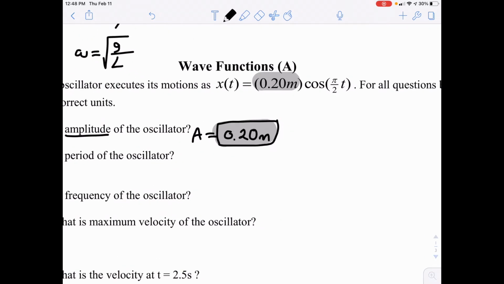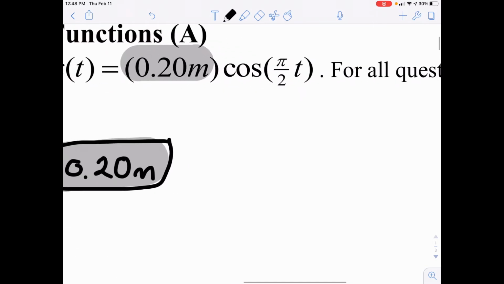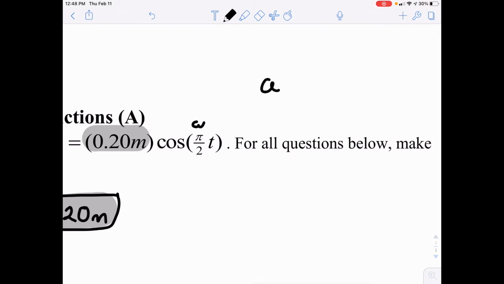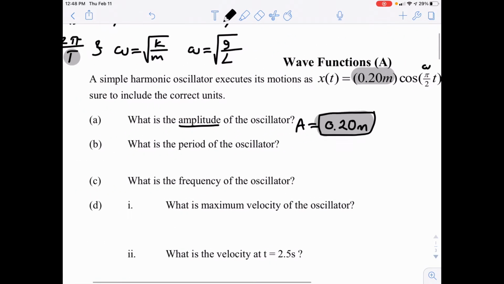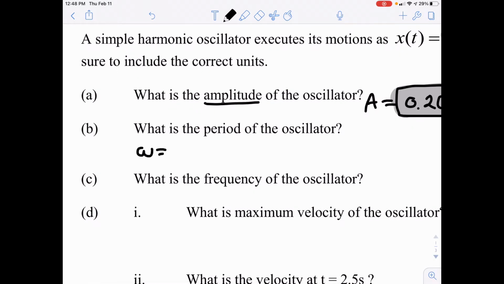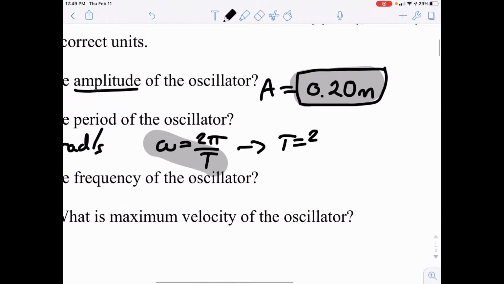The value in front of t inside the cosine is your omega. So we know that omega in this example is pi over 2 radians per second, and we're going to need that. The period of the oscillator, since we know omega is pi over 2 radians per second, and since we know omega is equal to 2 pi over the period, we can switch these out and solve for the period. 2 pi over omega. 2 pi over pi over 2.